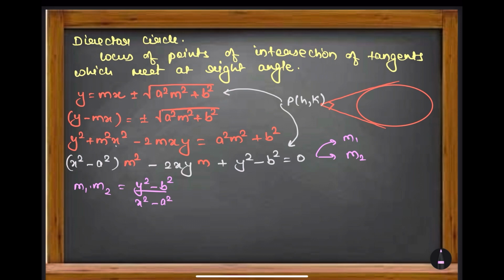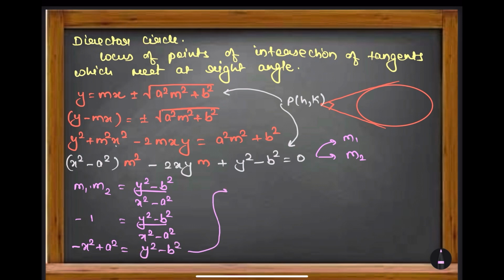But we are interested in those tangents which are perpendicular, so it would be minus 1. So y square minus b square over x square minus a square equals minus 1. Now do cross multiplication: minus x square plus a square equals y square minus b square.